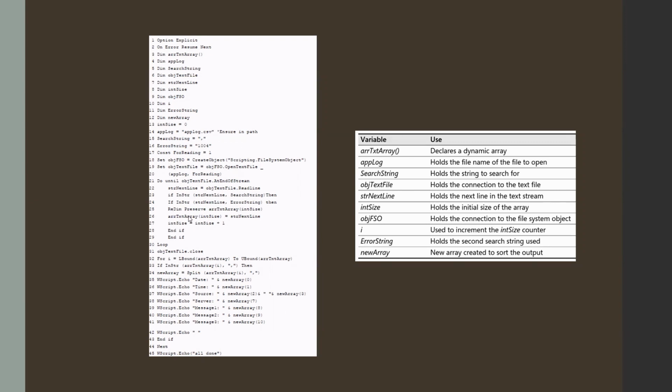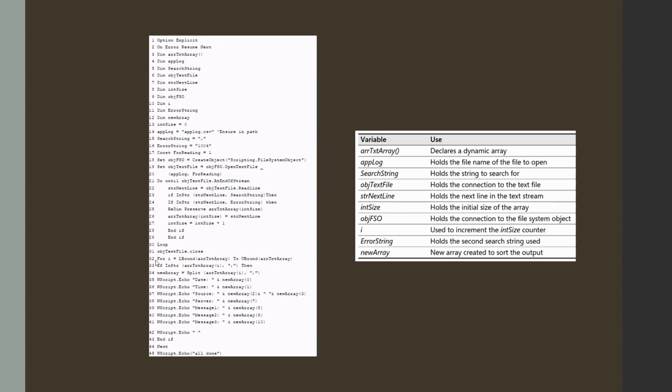If there is, I am going to put the value in my dynamic array, and then I'm just going to continue reading. After I read the information in, it is good practice to go ahead and close the file because you're no longer needing it.